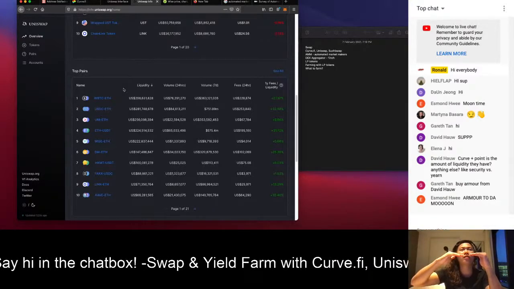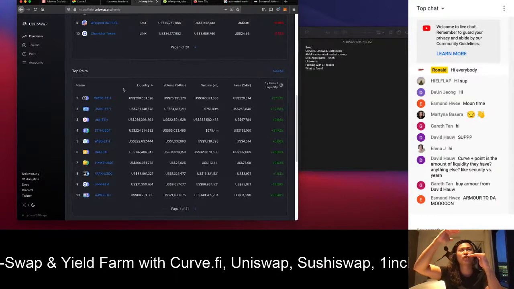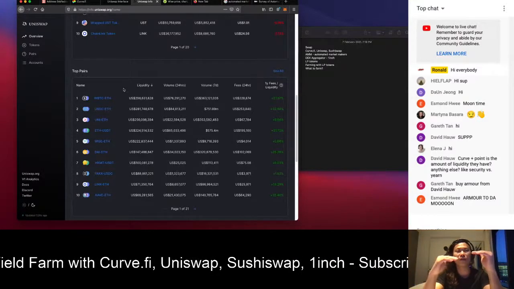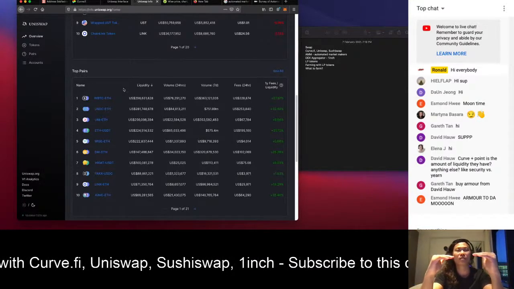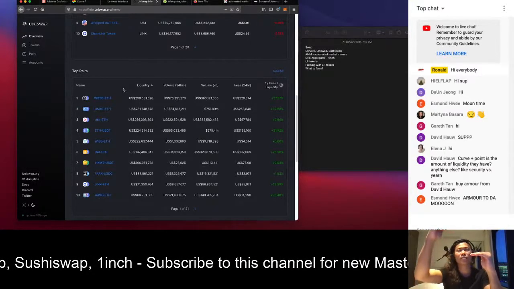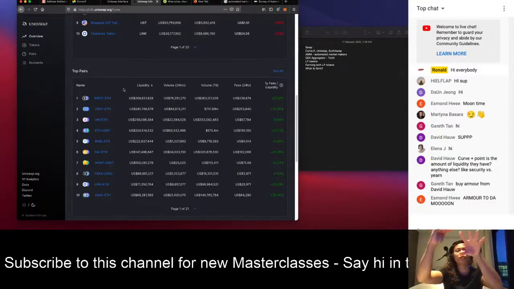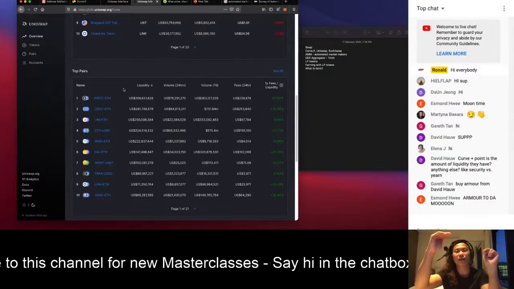So as one is going up and the other one stays constant, what happens is that when you put both in, you put like one Ethereum and 1,600 USDC. And then when the price of Ethereum goes up to like 2,000, the protocol, once you remove it, needs to make sure that you remove the same value, right?